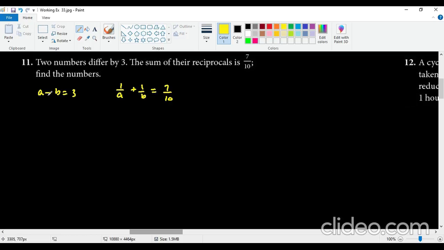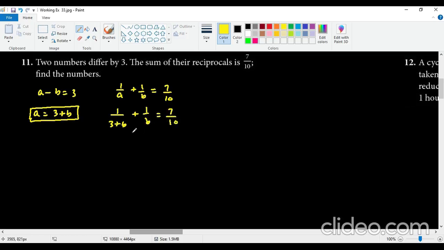Now in here the value of a equals 3 plus b, or b plus 3, both are the same. If I substitute, this becomes 1 over 3 plus b plus 1 over b equals 7 over 10.